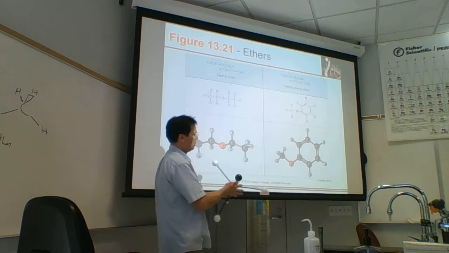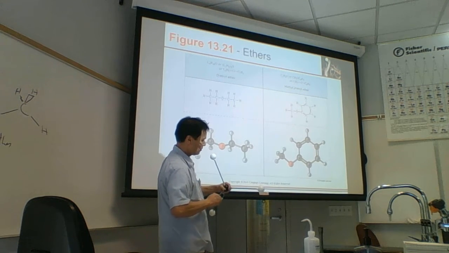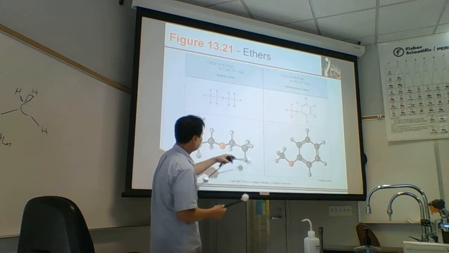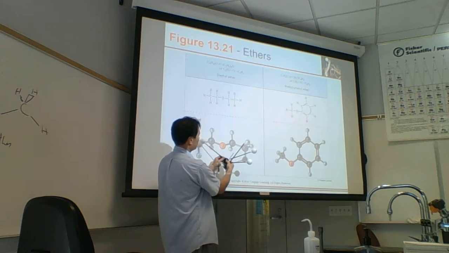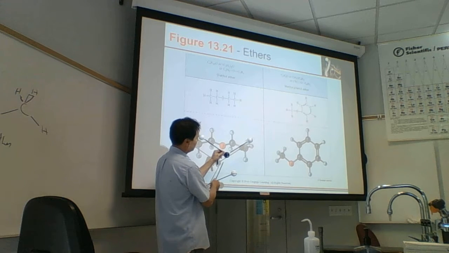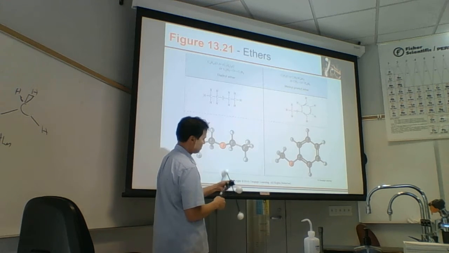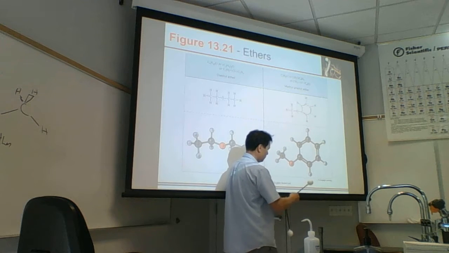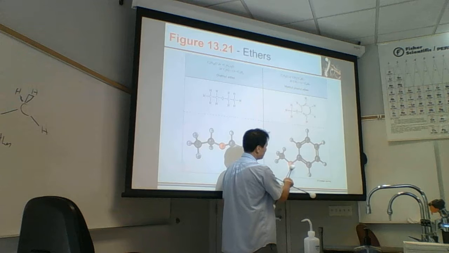They aren't showing the 2 lone pairs. Normally we draw the bonds in the plane, and so that means 1 lone pair is sticking out, 1 lone pair is sticking in, drawn like that. This is tetrahedral. This is bent at 109.